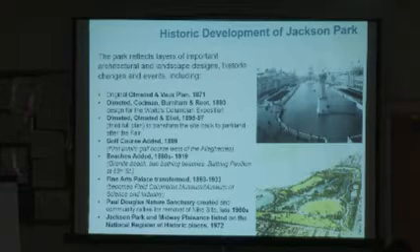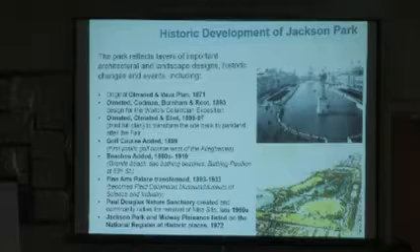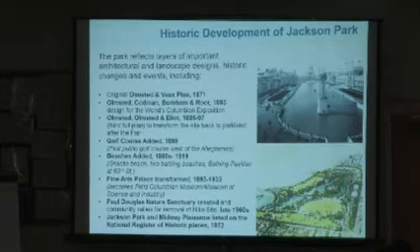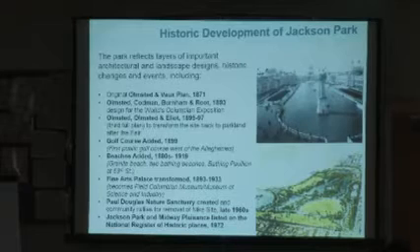So Jackson Park has an illustrious history of really hosting big events. As you may know, the Columbian Exposition, and it's had many notable plans done, many with the name of Olmsted in it.